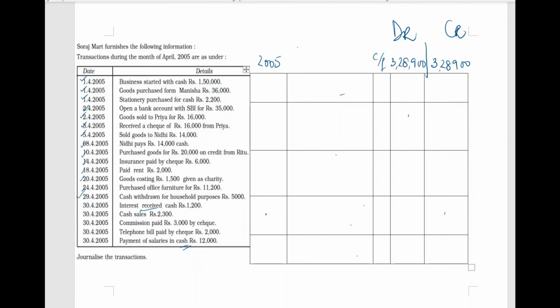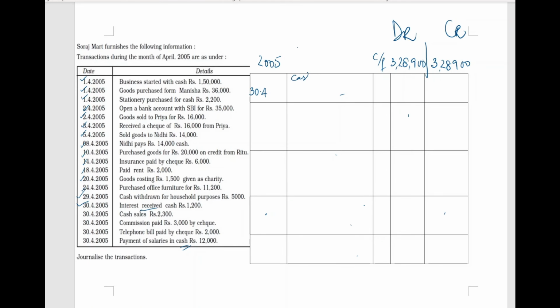Alright, so far we have completed furniture, office furniture purchases, cash withdrawn for household purpose also we have finished. Alright, now I'm going to go to the next one. Here, interest received cash 1,200 on 30th April. So I write 30th April, interest received. What is coming in? Money.